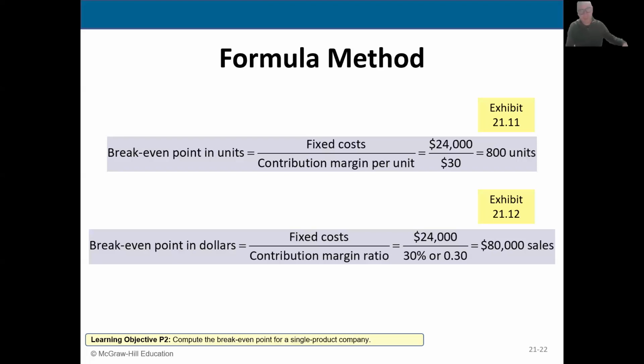So 24,000 divided by 0.30 is $80,000 in sales that I need to make in order to break even. So now you understand the break-even formula in terms of both the number of units to sell and how much revenue to make in order to break even.